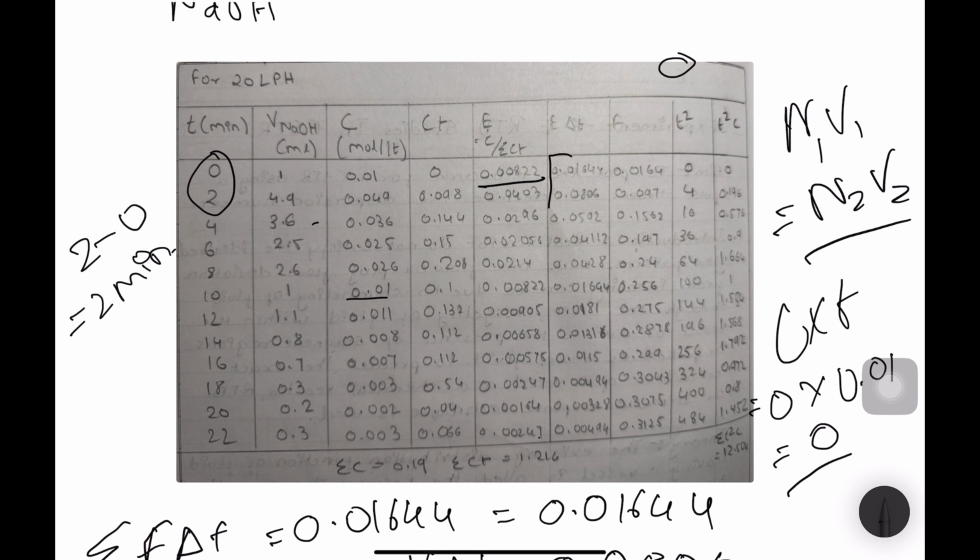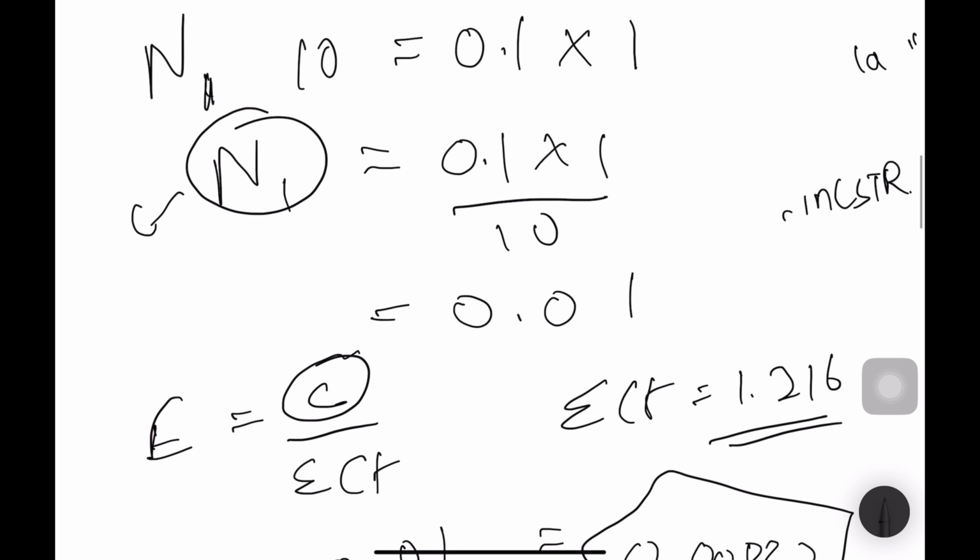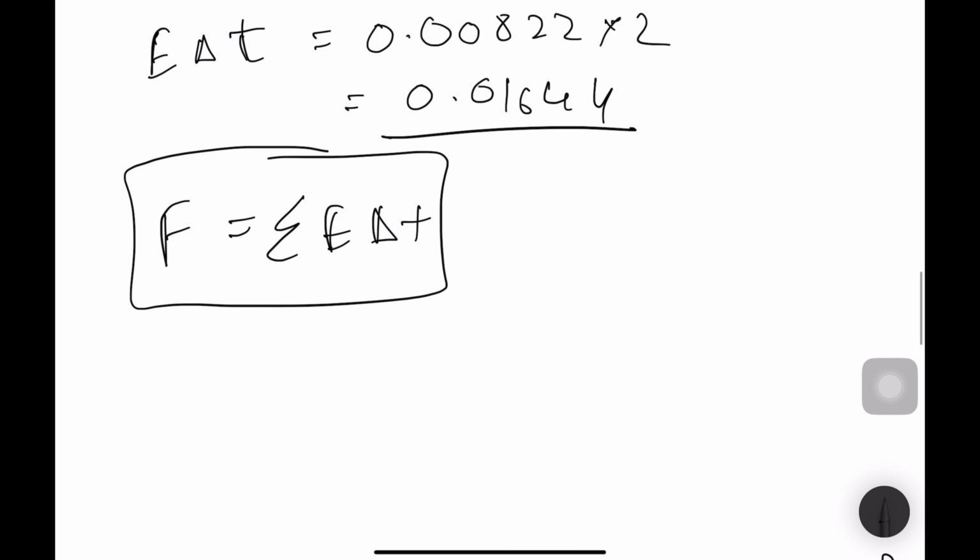Just add on these E delta t values and you will get the values of F, as F is equal to the summation of E delta t.